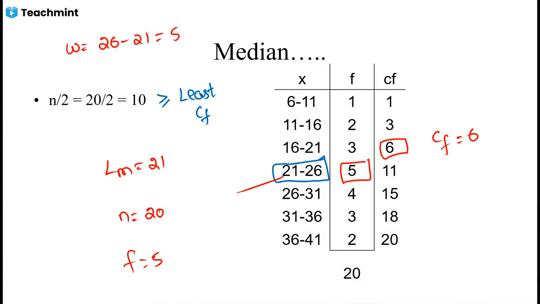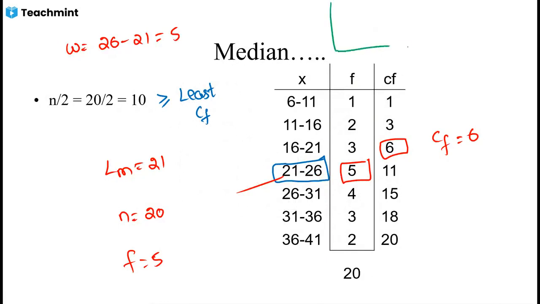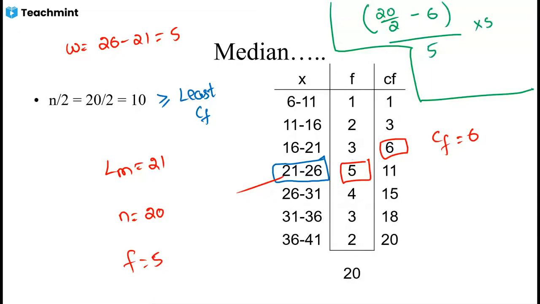So with all this data, what is your formula? I'm showing it in the top right corner now. The next slide will be available separately anyhow. N by 2: N is 20, 20 by 2 is 10, minus cumulative frequency 6, divided by F, which is 5. This is multiplied with W, which cancels, plus LM, which is 21. So 10 minus 6 is 4, and 4 plus 21 is 25.